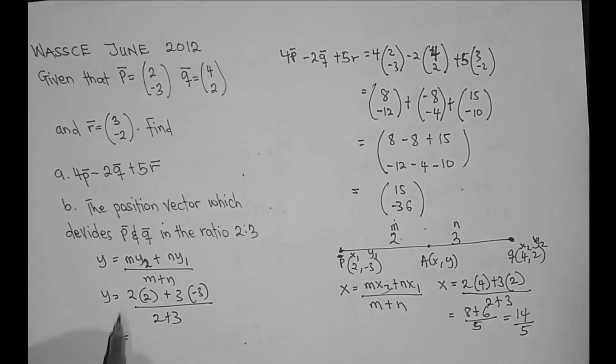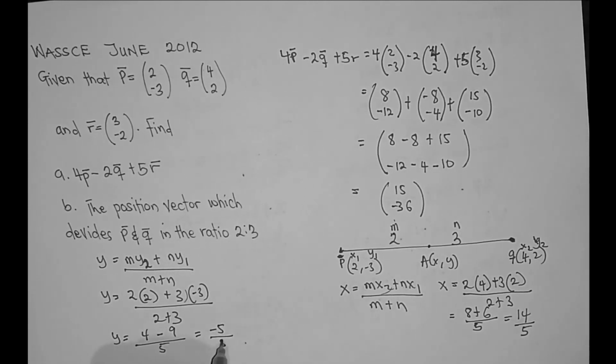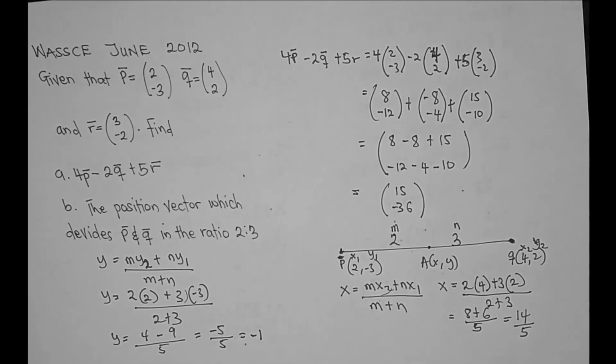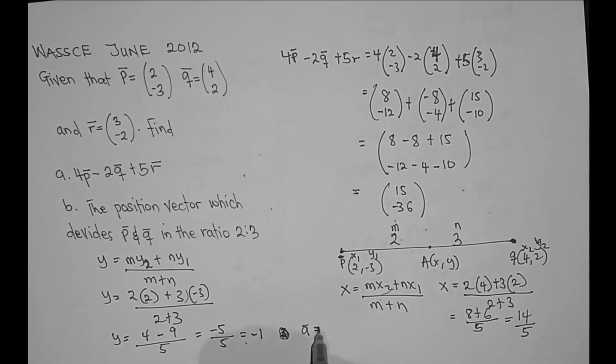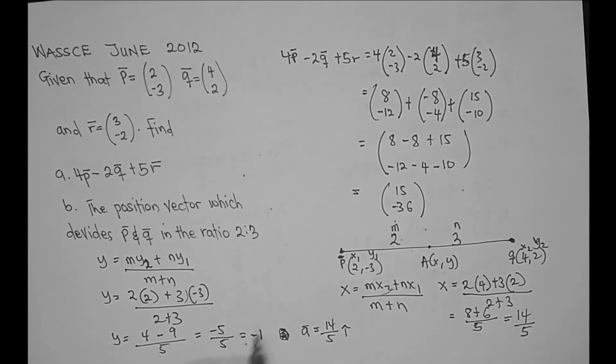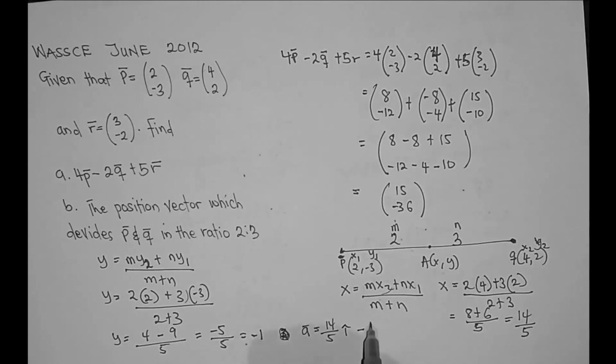So y equals 2 times 2 is 4, 3 times minus 3 is minus 9, divided by 2 plus 3 is 5. This is equal to 4 minus 9. It's minus 5 divided by 5. And this is equal to minus 1. So the position vector, let me use small caps, so the position vector A is equal to, the i component is 14 divided by 5 i, then the j is minus 1, so minus j.